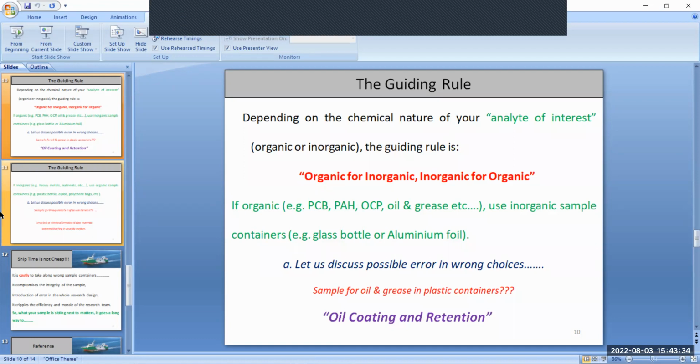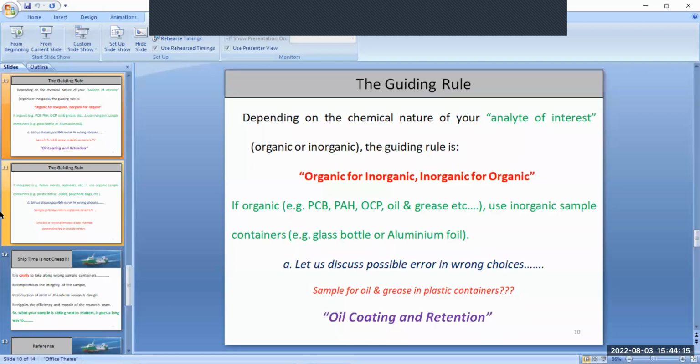Depending on the chemical nature, either organic or inorganic, the guiding rule is you use organic material for samples whose analyte of interest is inorganic. So it's like a vice versa arrangement. You use organic material to collect samples whose analyte of interest is inorganic in nature. And the reverse also applies. You use inorganic material for samples whose analyte of interest is organic.